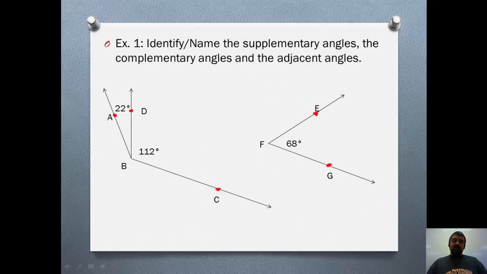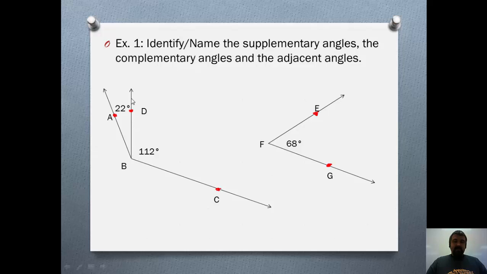The first example that you will see is identify and name the supplementary angles, the complementary angles, and the adjacent angles. Now each of these have a measure right here, 68 degrees, 112 degrees, and 22 degrees. Let's start with the easiest part up here, adjacent angles. Those are going to be angles that are touching or have the same side.